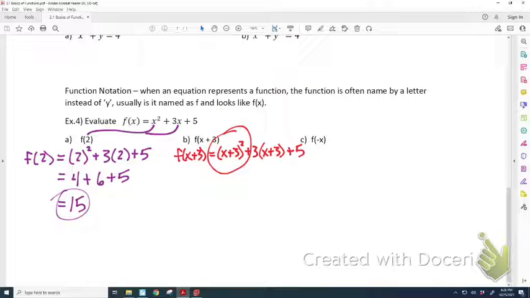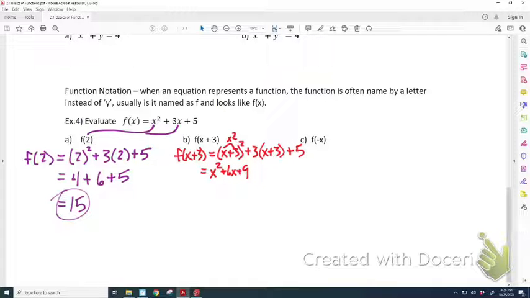Hopefully you got the shortcut down. If you don't have it down, you're going to have to FOIL it out. But here's the shortcut. Square the first, square the other one, multiply the 2, and double. So plus 6x.